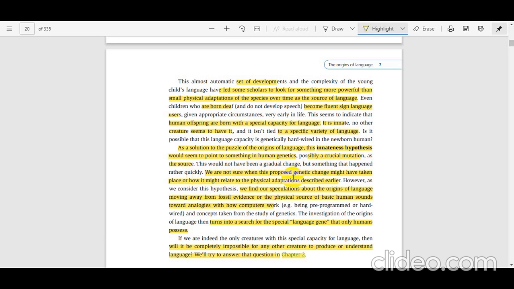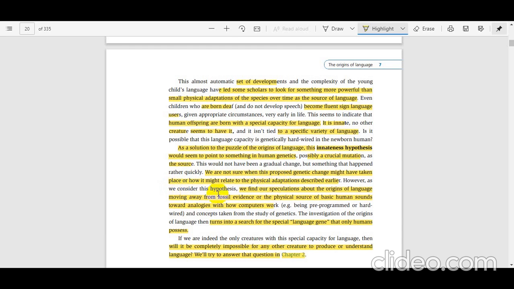Still, scholars and scientists do not know the development of the genetic change the proposal indicates here, when it took place, or how it might relate to the physical adaptations described earlier. There is a connection, but the starting point, the turning key in the development of the human genetic, is not fixed yet.